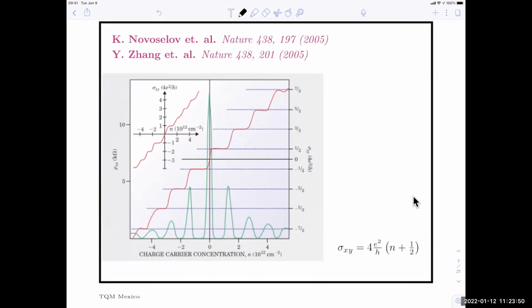This flavor symmetry and the massless nature of the Dirac electron probably came home to the condensed matter community, well, a long time ago, but the singular result that did that was the observation of the so-called anomalous quantum Hall effect. So this is an integer quantum Hall effect, and I've stolen this diagram from one of these 2 papers, which were published back-to-back in Nature, by the way, in 2005.